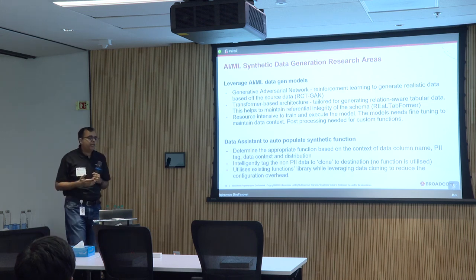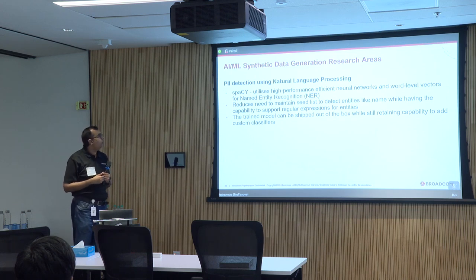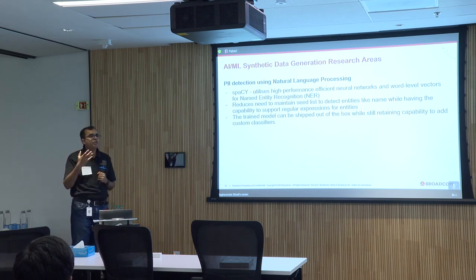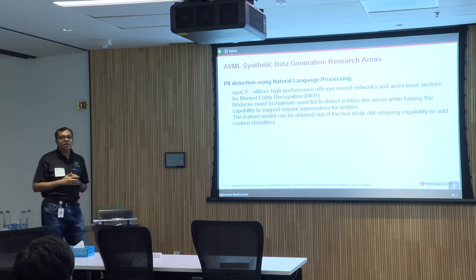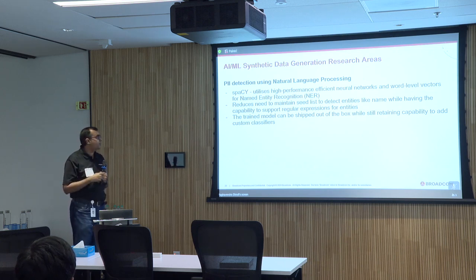One of the things which came up when we were doing this is that we wanted to do better PII detection. Today our PII detection is based on classifier packs, which are manual rules. However, these rules do not account for the needle in the haystack, and that's where the PII data escapes.